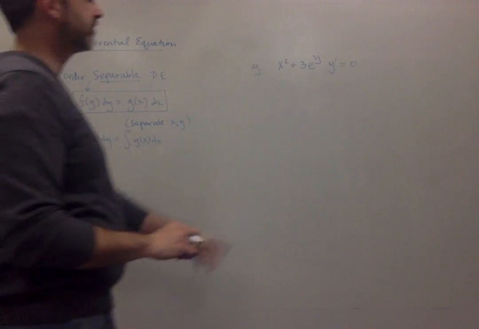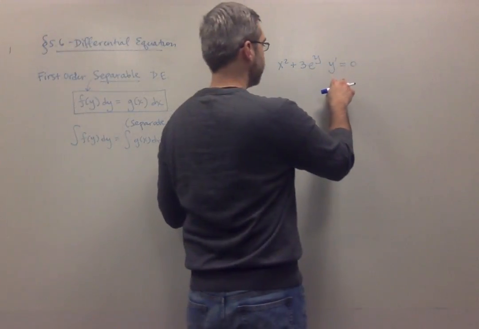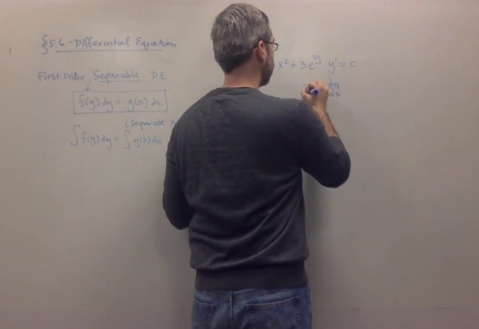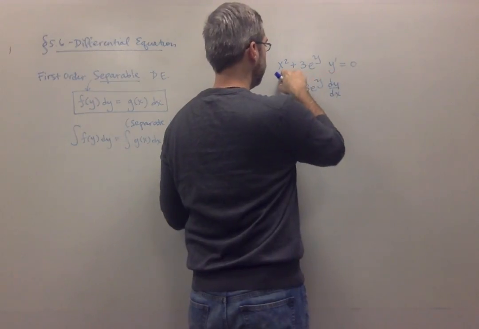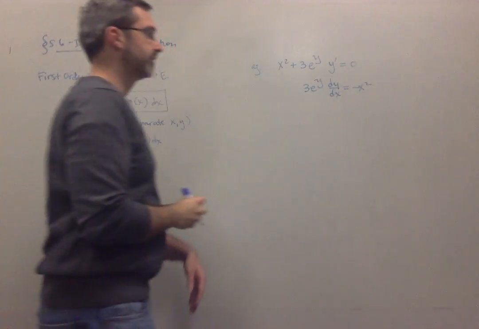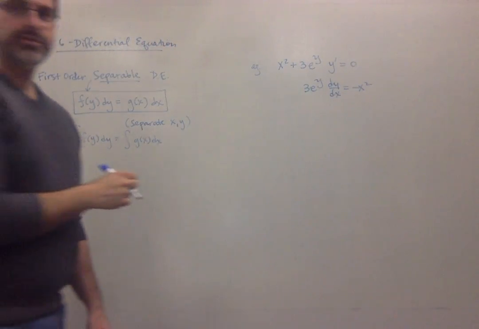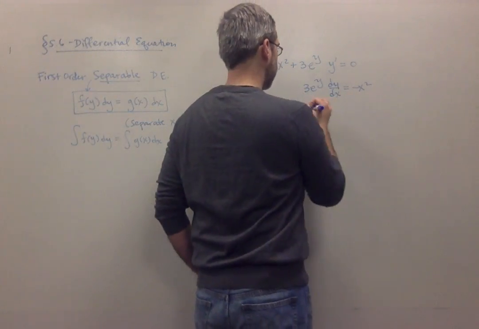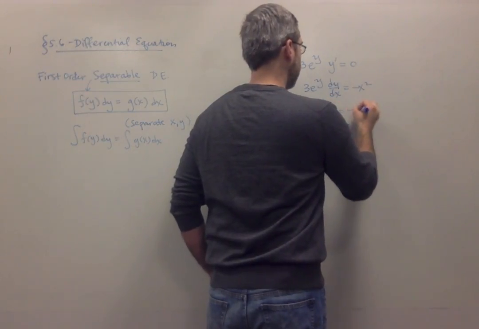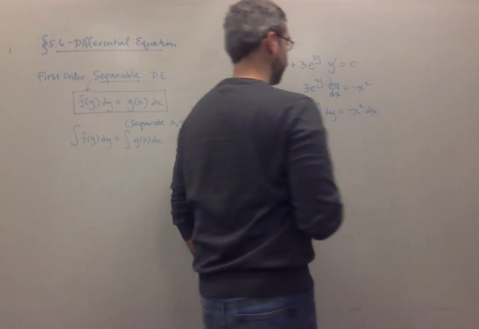So let's try inserting our Leibniz notation here, dy over dx. And I'm going to move the x squared over to the other side to make this negative x squared. And then let's move our dx over here. So 3e to the y dy equals negative x squared dx.